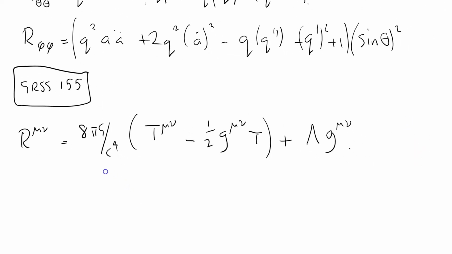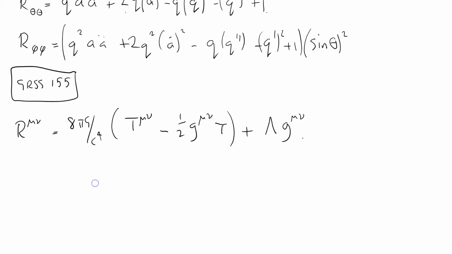As you can see, the right hand side is quite a complicated thing. It's a combination of the stress energy tensor here, the stress energy scalar here, and a cosmological term here. What I want to do is to factorize this expression and bring the two types of terms together so we can solve it more easily and get a handle on what this Q thing and the A thing are, the functions Q and A.